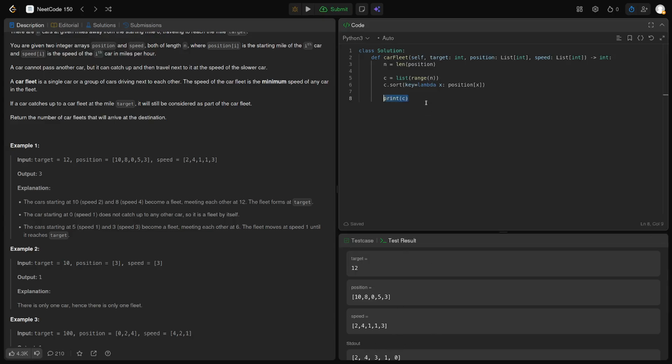Okay, so it works. So now that we got the cars, I actually want to go from the back, right? And then what to do with this? Good question. So we go backwards through the cars, and we know when this guy arrives, right?